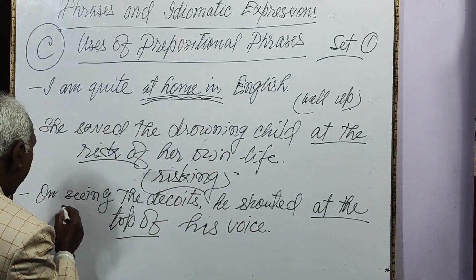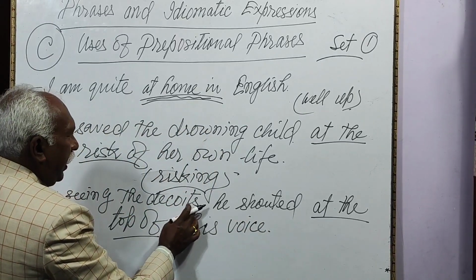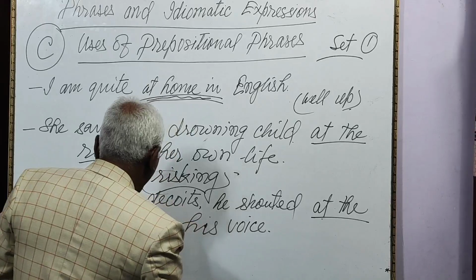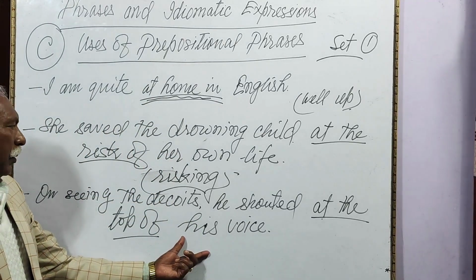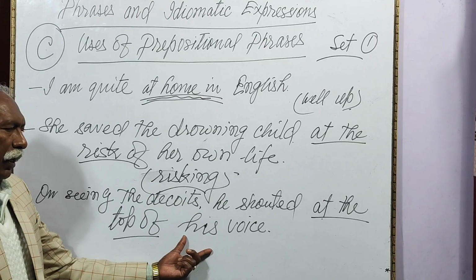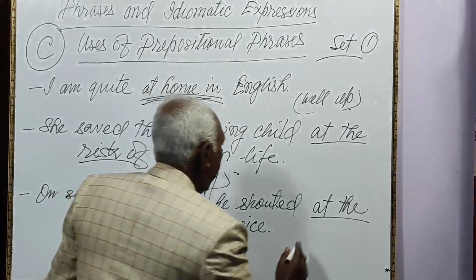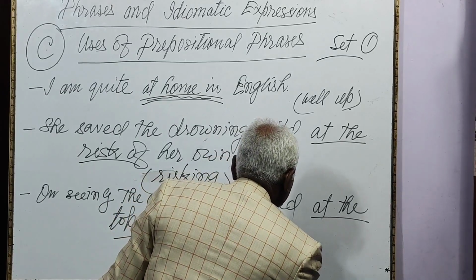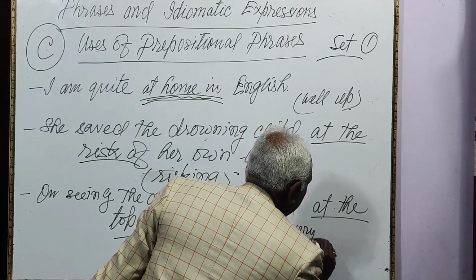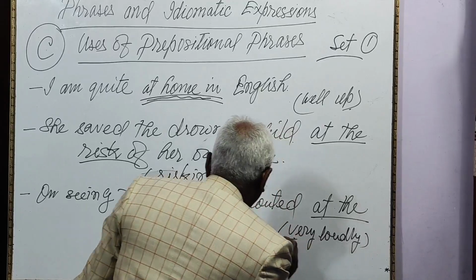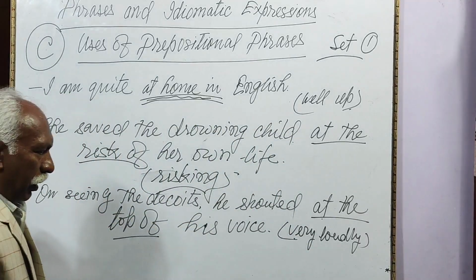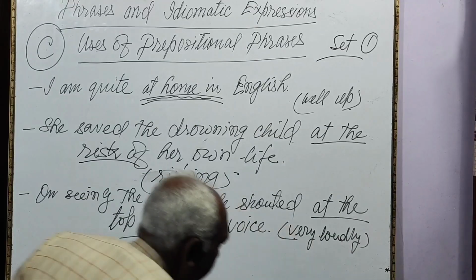Here you see, I'm saying the dacoits को देख करके he shouted at the top of his voice. अपनी आवाज की बहुत तेज आवाज में, means here very loudly. At the top of one's voice means very loudly. In this sense, you may use it in your own sentences.